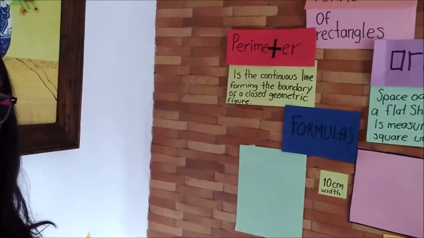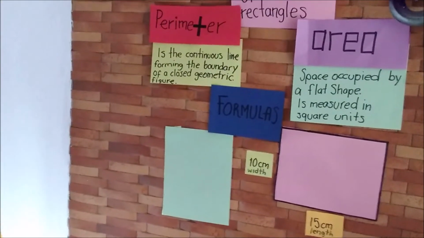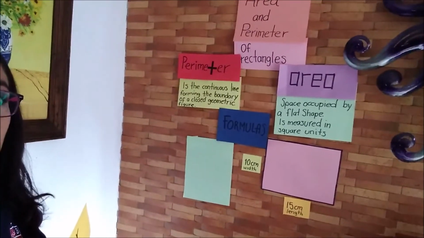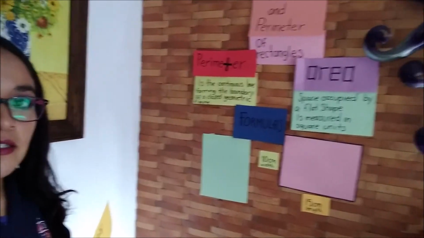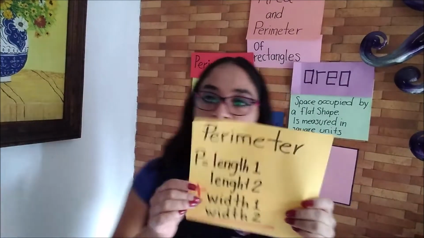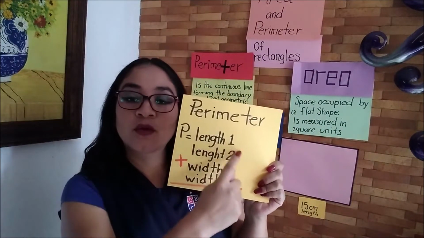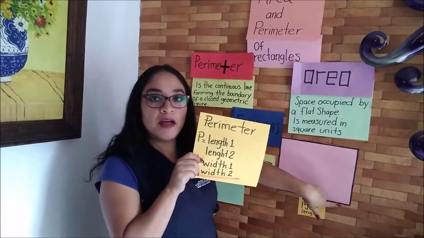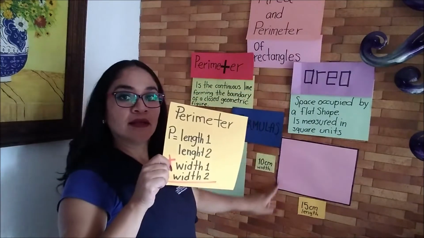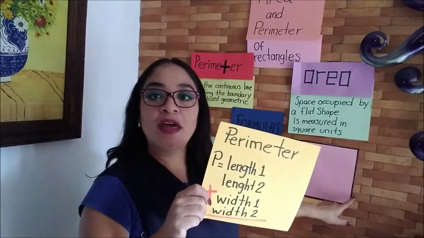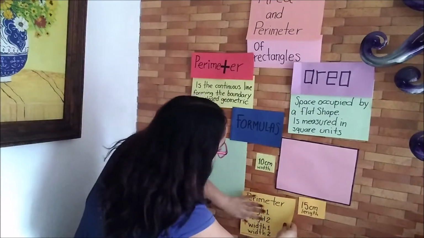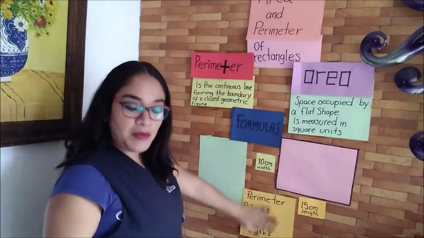As you can see, it is 10 centimeters width and 15 centimeters for length, okay? So the formula for the perimeter is to add the length 1 plus the length 2, the width 1 plus the width 2. So that's how we're going to get our perimeter.